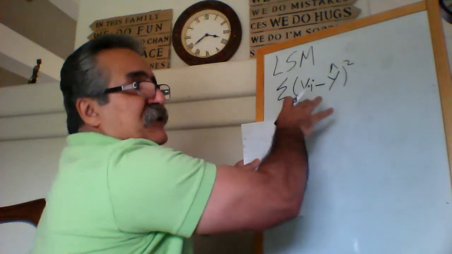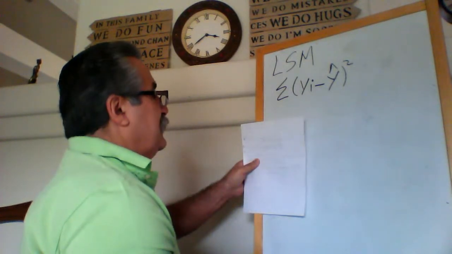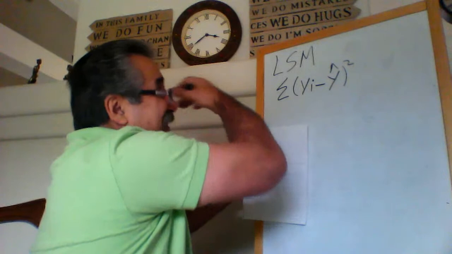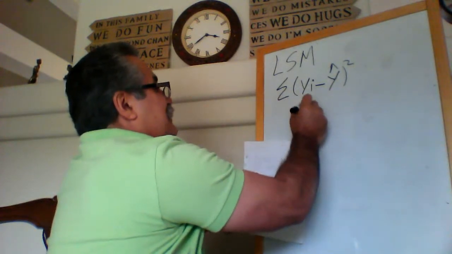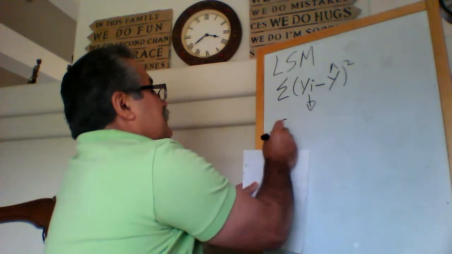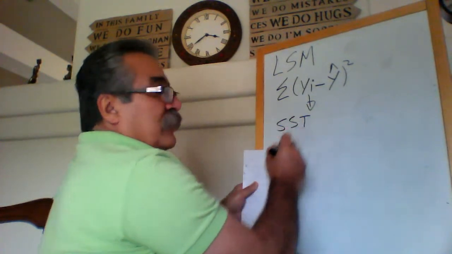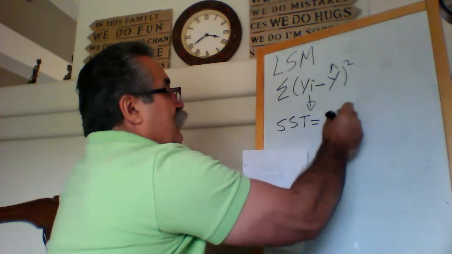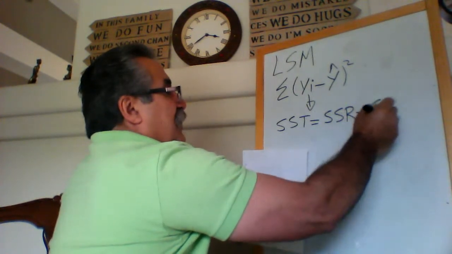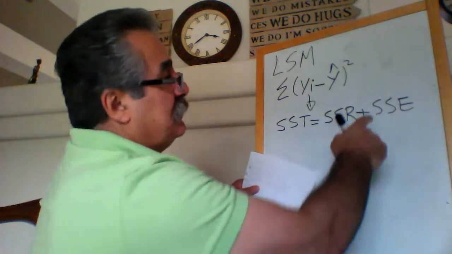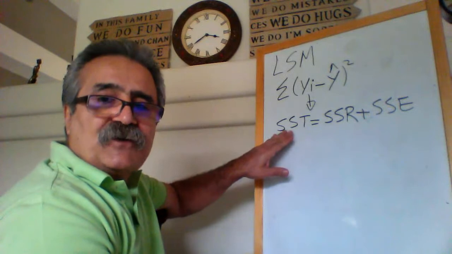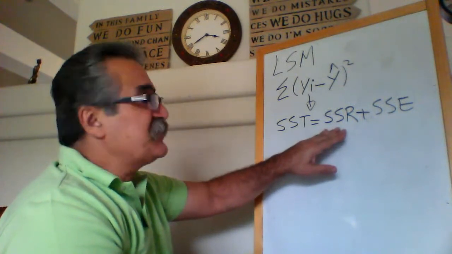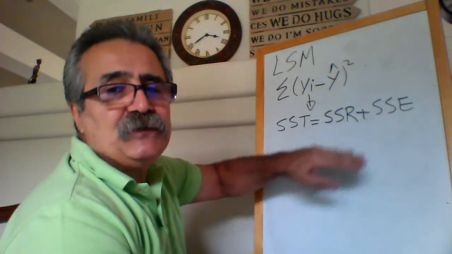This has been used in order to develop another formula which leads us to calculate sum of square total equal to sum of the square due to regression plus sum of the square due to error.